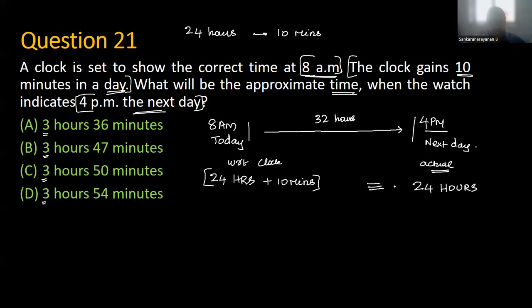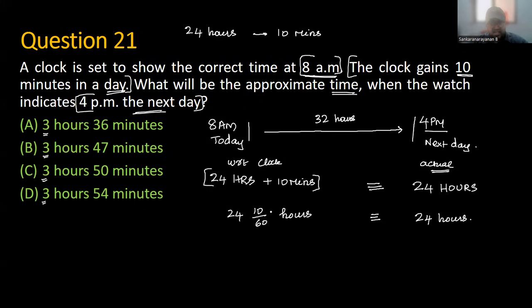I hope this part is clear to you. So 24 and 10 minutes, when we are considering, it is 10 by 60. That much hours for this clock is in reality equivalent to 24 hours of the actual time. So you can see that here 24 and 10 by 60 corresponds to, I am considering 24 into 60, 1440 plus 10.